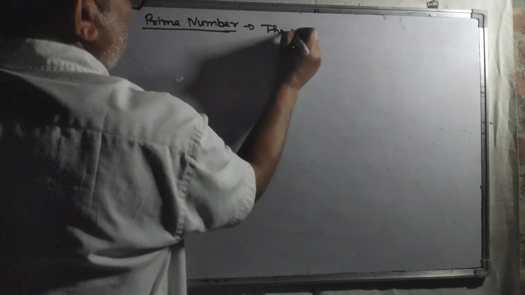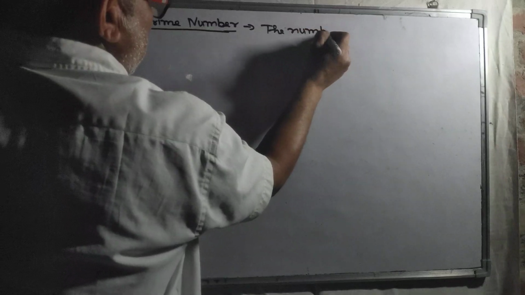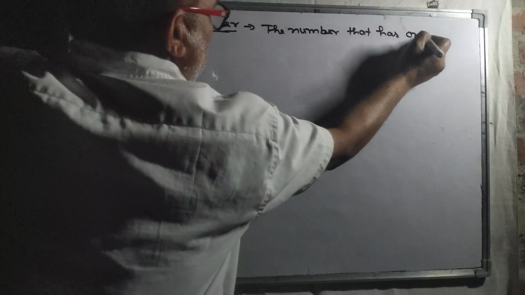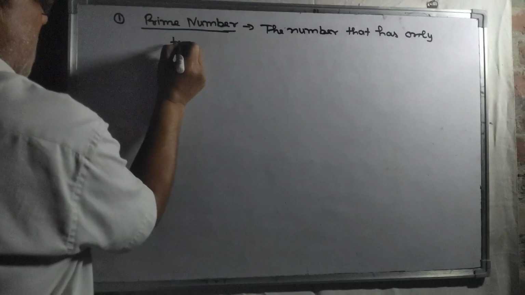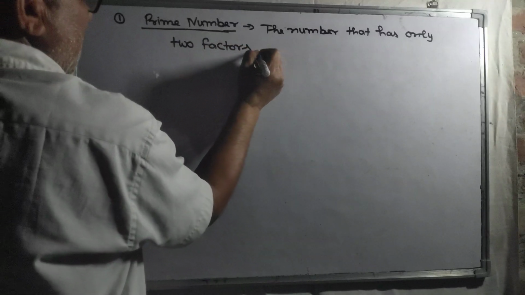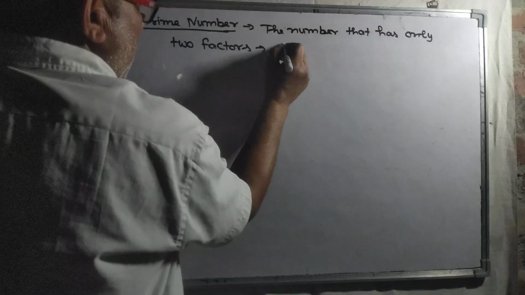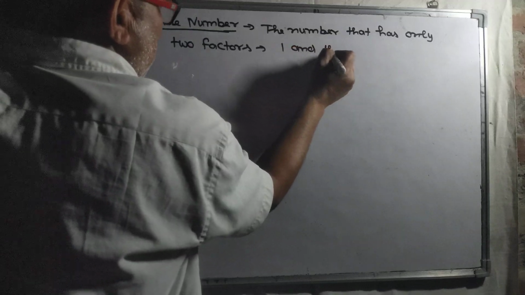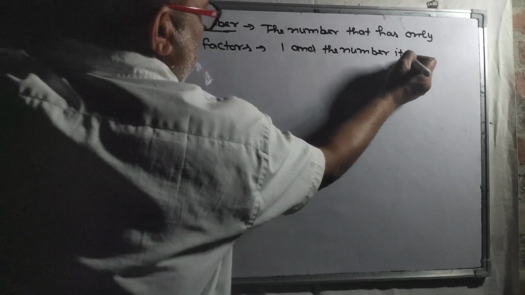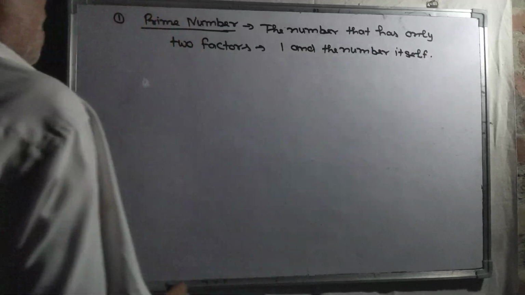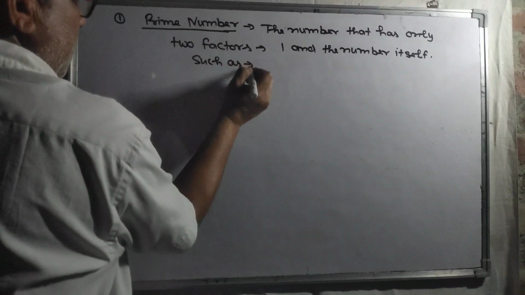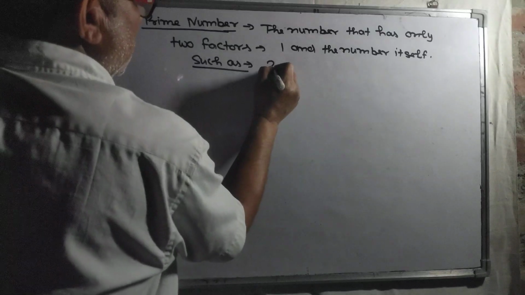A number that has only two factors, and the factors are 1 and the number itself, is called a prime number, such as 2.